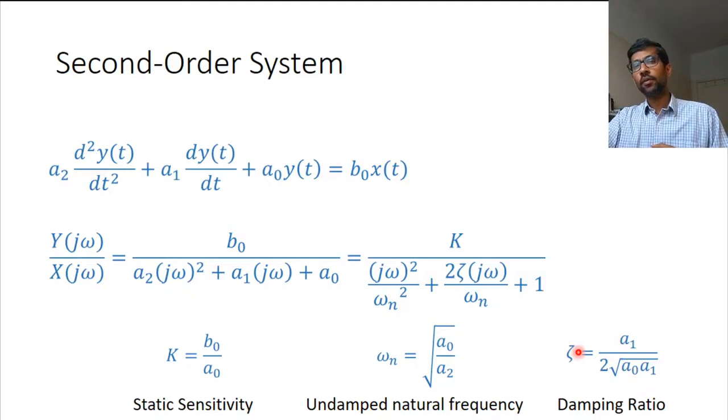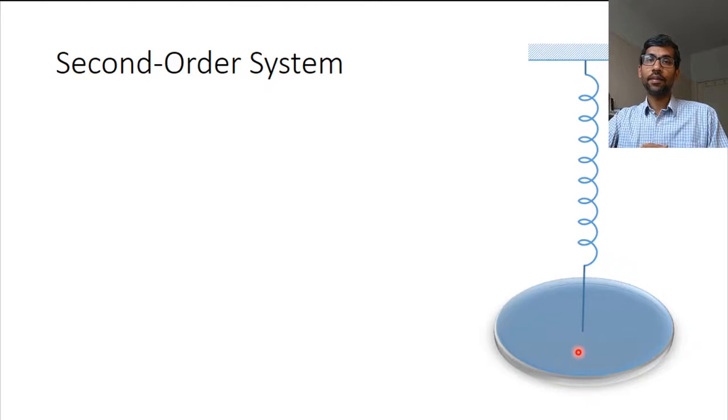So you may ask, where do we see second order systems? Here's an example. Think about this sensor. This is basically a weighing scale. It is connected to a fixed place, let's say a ceiling or some fixed structure, and there is a plate that is connected with a spring to that fixed quantity.